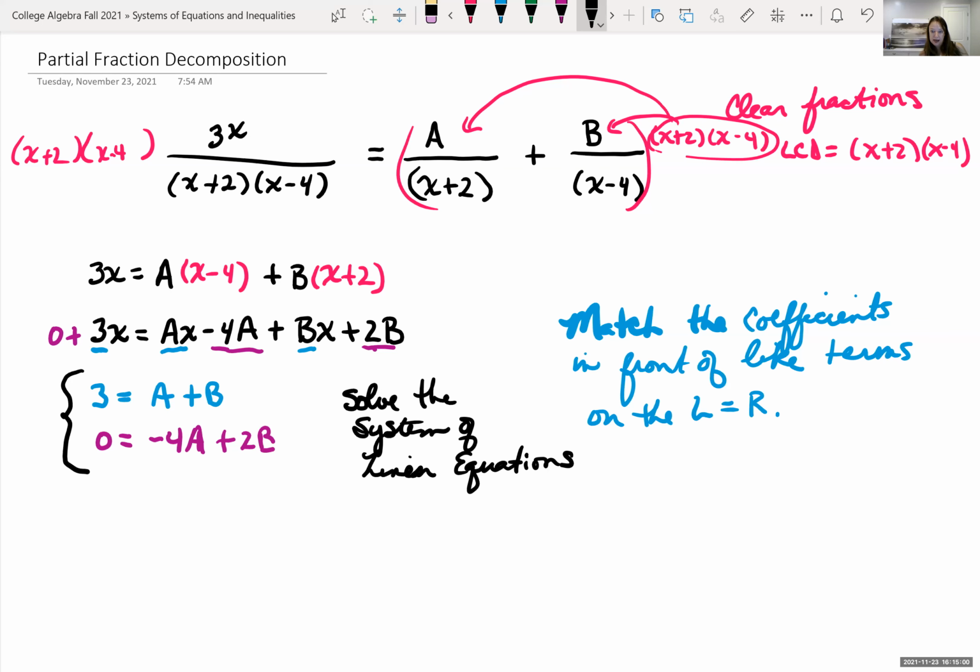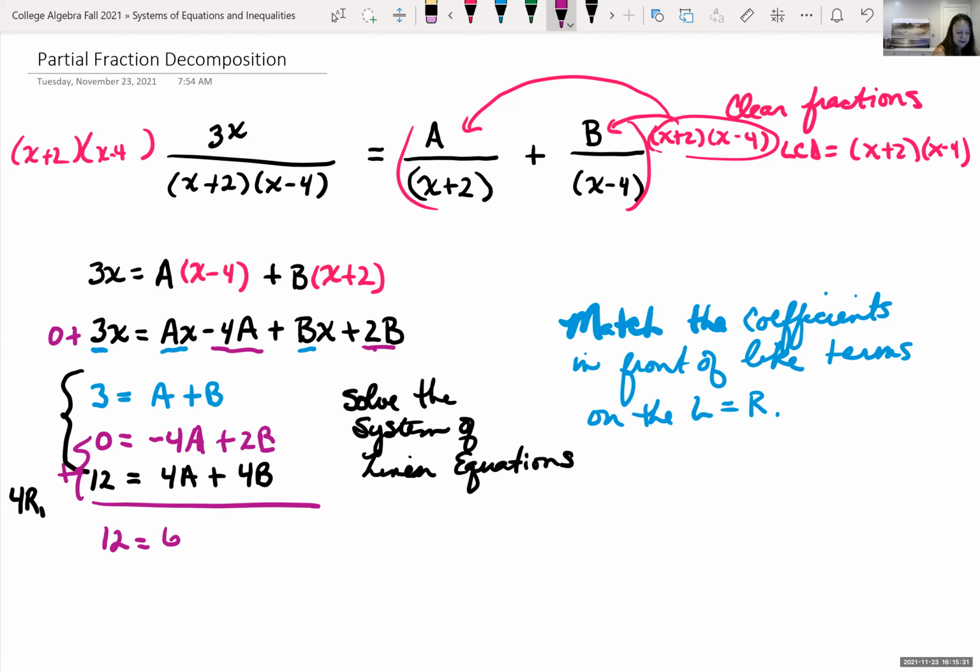And when we sum it to the second equation, that would get rid of our A and we could solve for B. So let's do 4 times, I'm just going to call it row 1. So 4 times 3 is 12, is equal to 4 times A, so 4A, plus 4 times B, 4B. So if I sum these two together, I get 12 is equal to 6B.